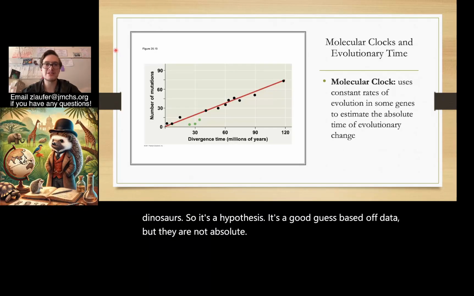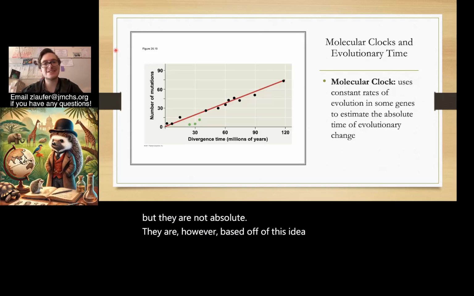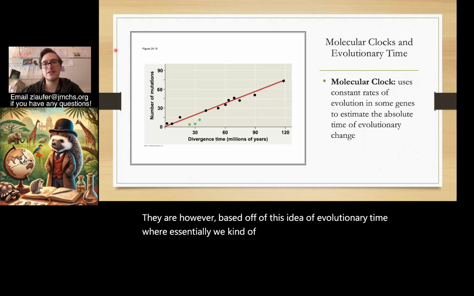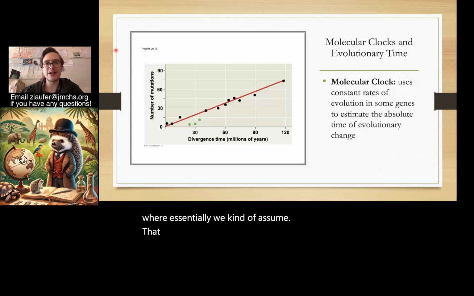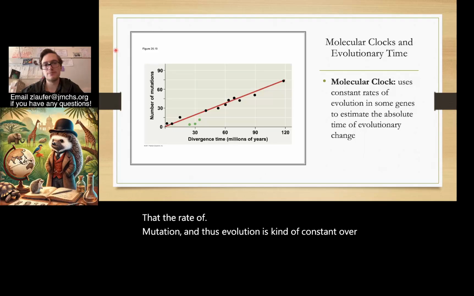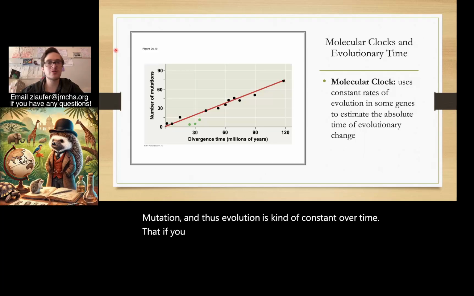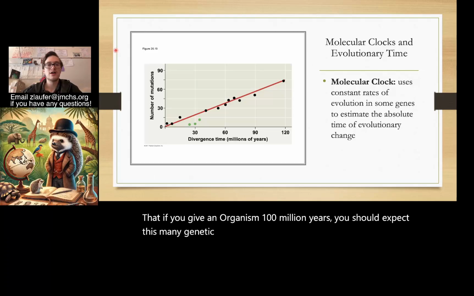They are, however, based off of this idea of evolutionary time, where essentially we assume that the rate of mutation and thus evolution is kind of constant over time. That if you give an organism 100 million years, you should expect this many genetic changes.